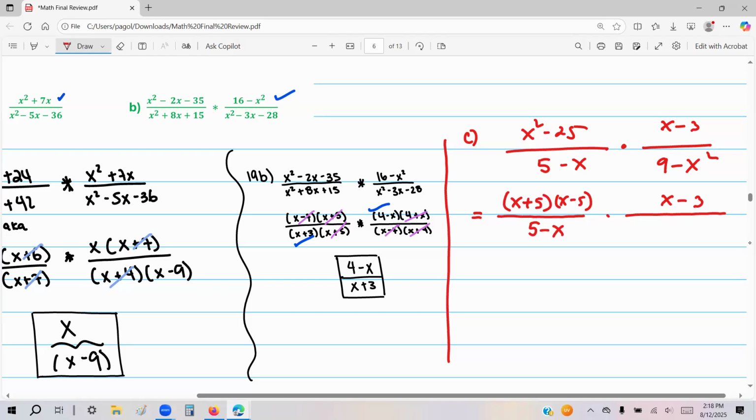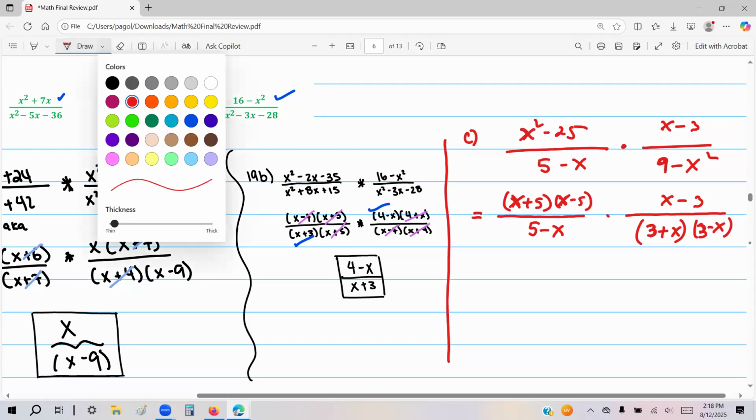And what two factors do we get on the denominator? 3 plus x and 3 minus x. Whatever comes first has to be first. Here we have x first, so our conjugates have x first. But here we have the number first, so we have the number first.